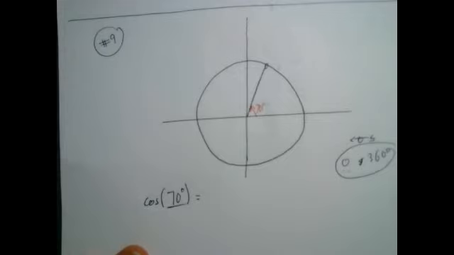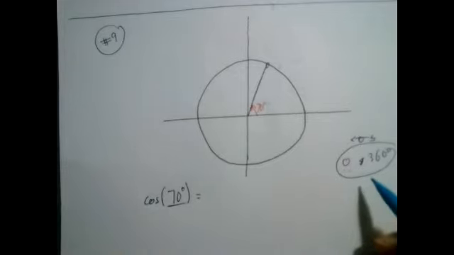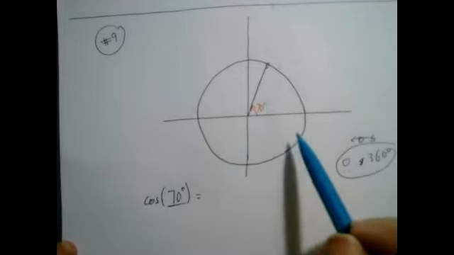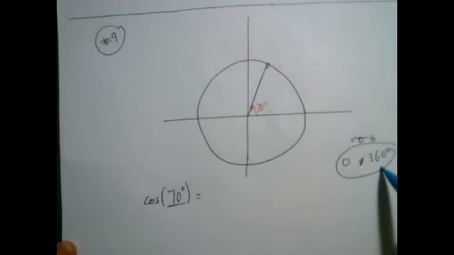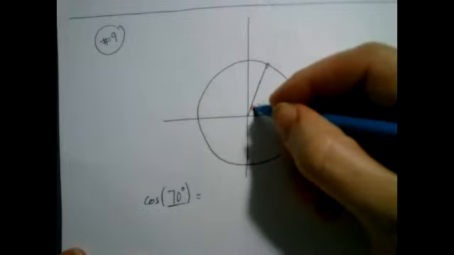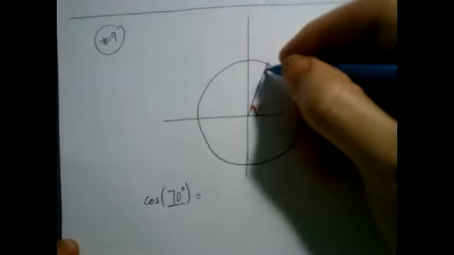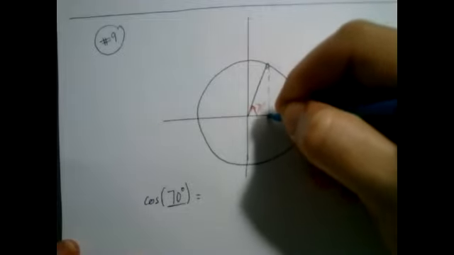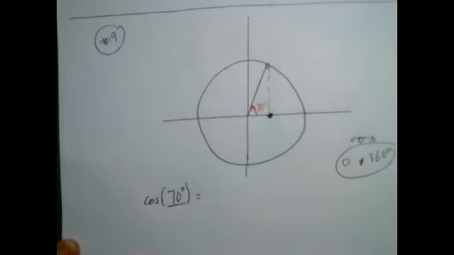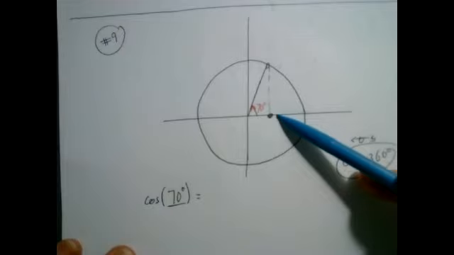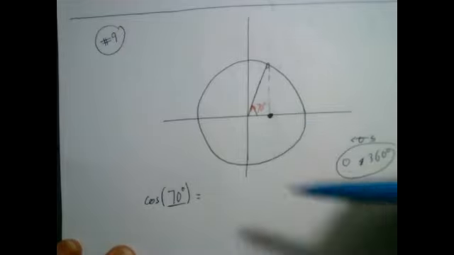Okay. So how many angles between 0 and 360 have the same cosine? This is 70. Its cosine is the x-coordinate. Okay. Can we find another angle that has the same x-coordinate between 0 and 360?